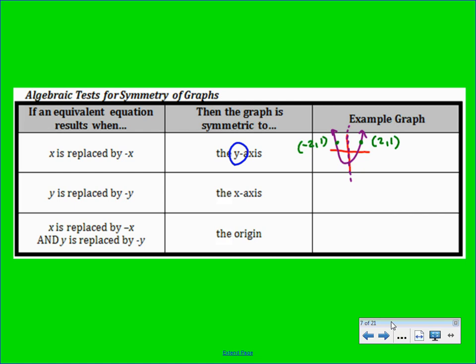So, what we're going to be doing today is not only looking at the graphs, but looking at an equation, and without graphing it, without using our calculator, we're going to be able to determine what type of symmetry it has by doing an algebraic test. So when we want to test for y-axis symmetry, we're going to plug in a negative x, because that's what changed here, was that the x's changed signs. Okay? So when we get to the symmetry test, we're going to plug in a negative x to test for y-axis symmetry.